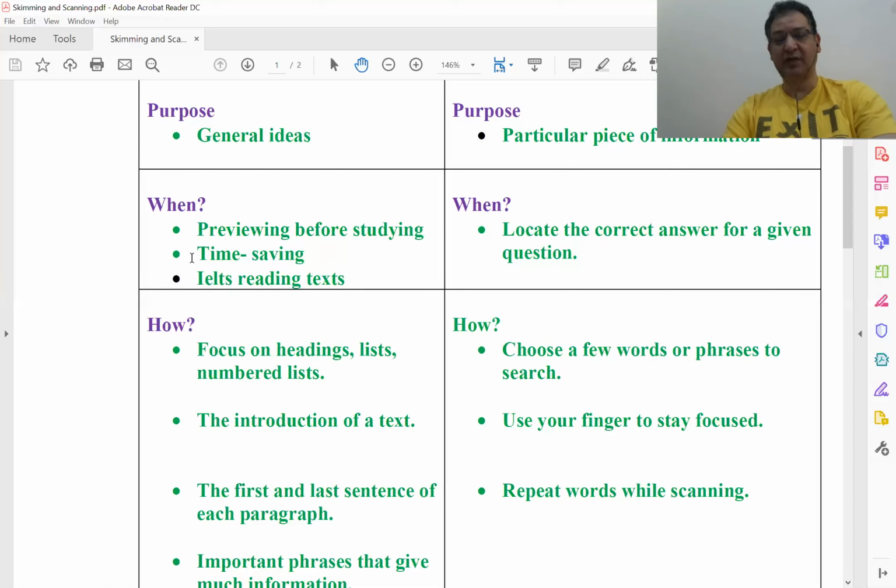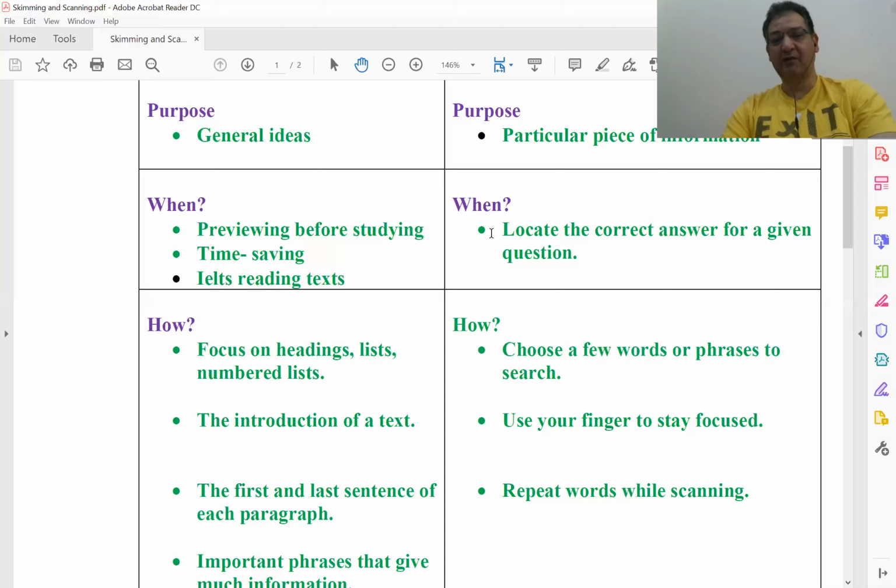So you don't need to read every word, but you have to decide what is important to read and what is not important to leave. So skimming helps you to save your time, especially in IELTS reading texts, because you don't have much time to read the whole text word by word.